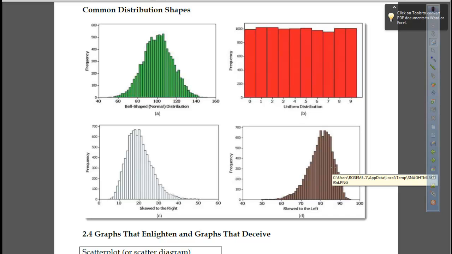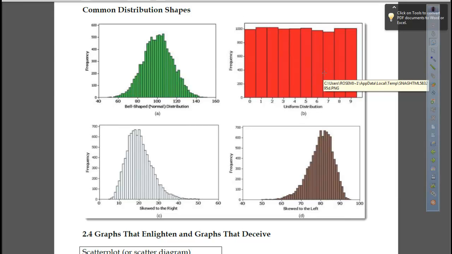Uniform data: we'll have the opportunity to simulate rolling a single die. If we did that 1,000 times, we would expect, if it's a fair die, that the number of 1s, 2s, 3s, 4s, 5s, and 6s would be about the same. So that's an example of where we might get uniform data.